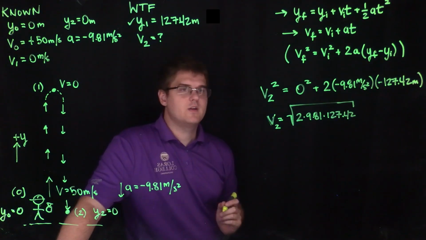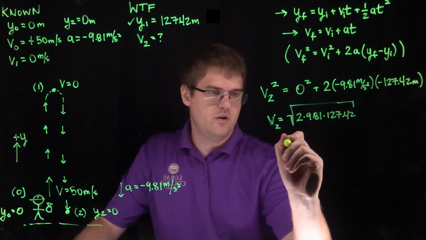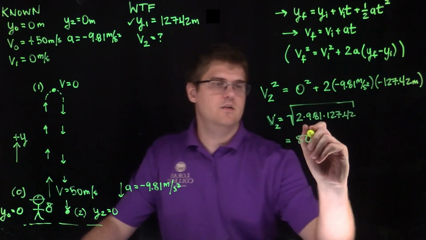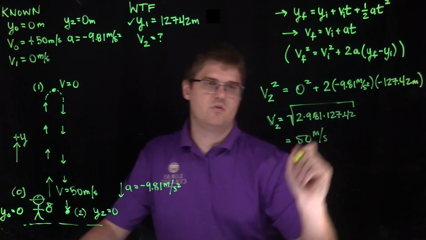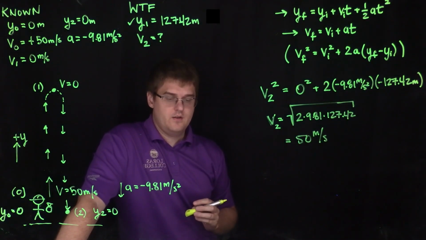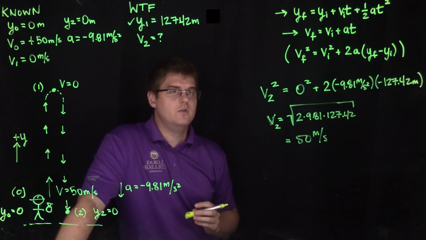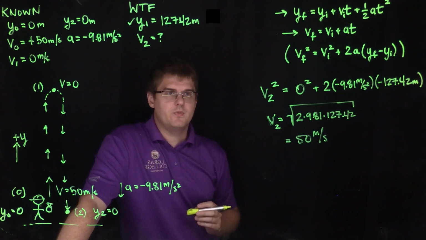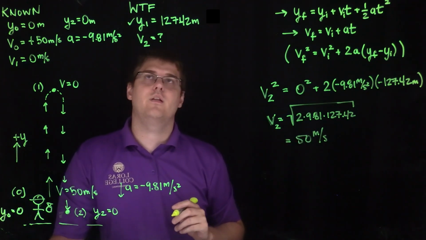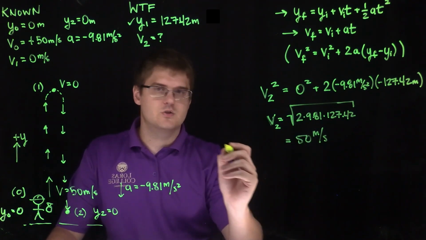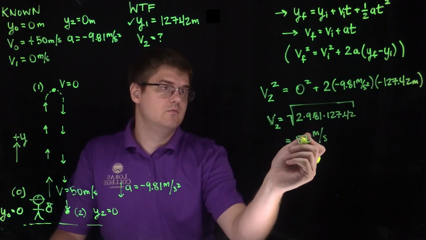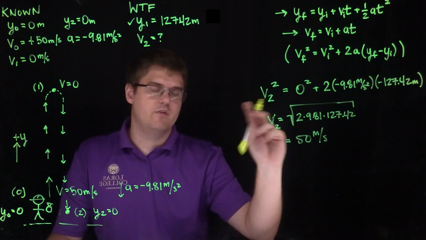If you plug that into a calculator, you're going to get 50 meters per second. However, if you recall, when you square something, 50 squared is, well, let's talk about a number I can actually square in my head. 5 squared, well, I guess I could do 50. Oh, this is square root of 50.